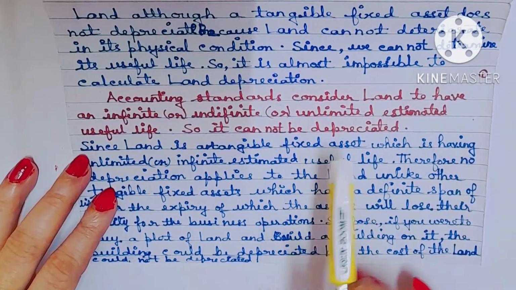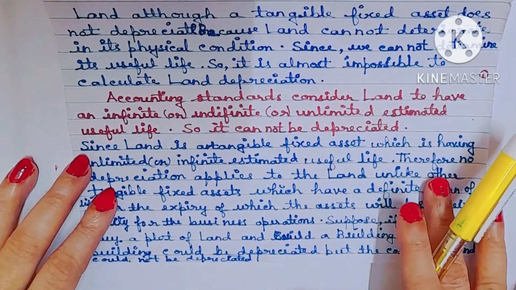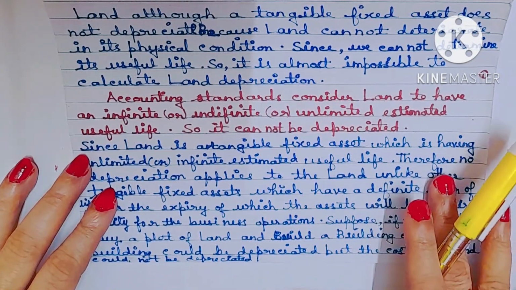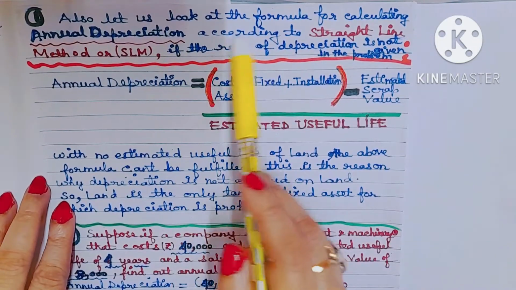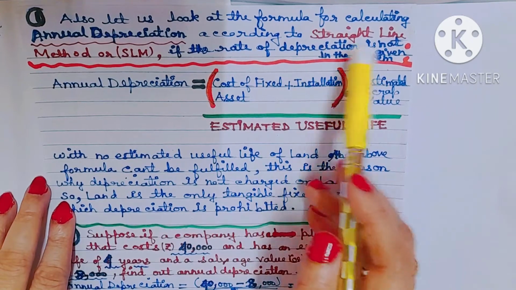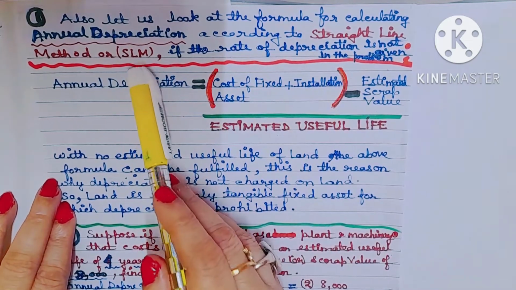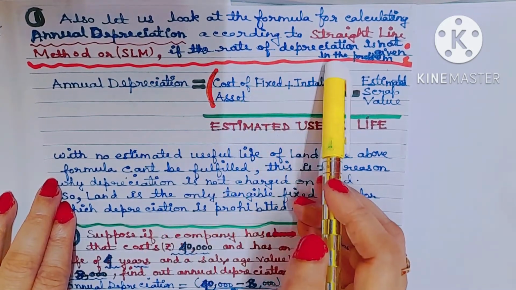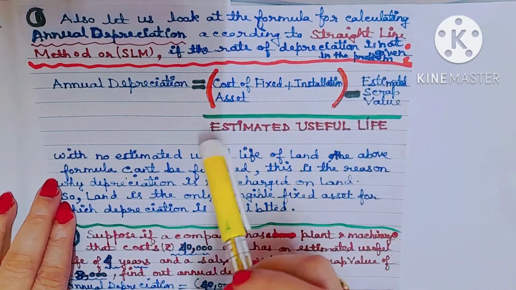How can we prove this? Let's see the formula of annual depreciation. Also, let us look at the formula for calculating annual depreciation according to the straight line method or SLM if the rate of depreciation is not given. So what is the formula?